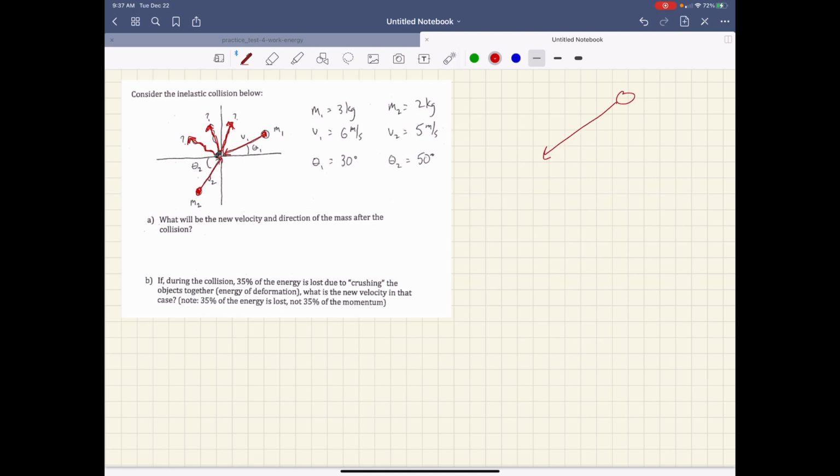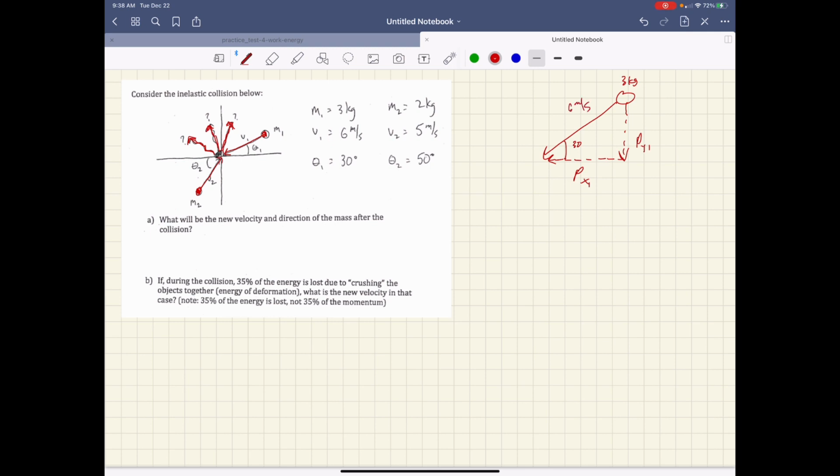It is coming in at, looks like, 30 degrees. And of course, that has px1 and py1. The m was 3 and the velocity was 6.